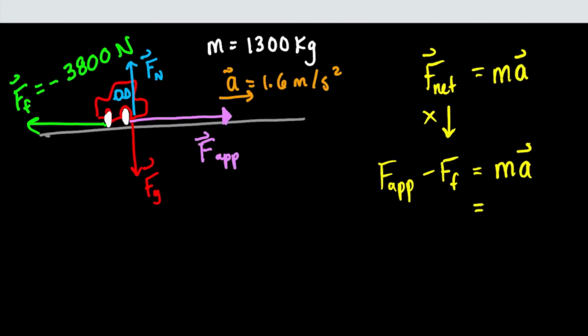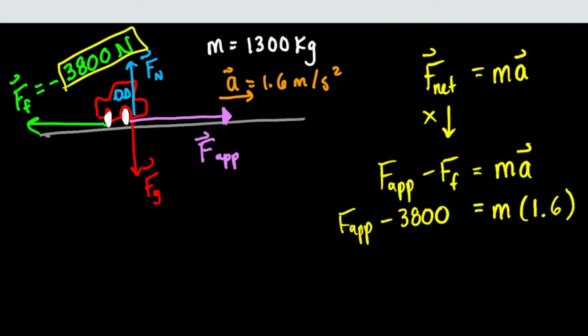But the acceleration we can also simplify further because it was pointing to the right, so we took it to be a positive number, 1.6. So putting in the values for the frictional force, it was 3,800 newtons. So notice here, I put the magnitude as just the 3,800 newtons part, and the negative was indicating the direction.